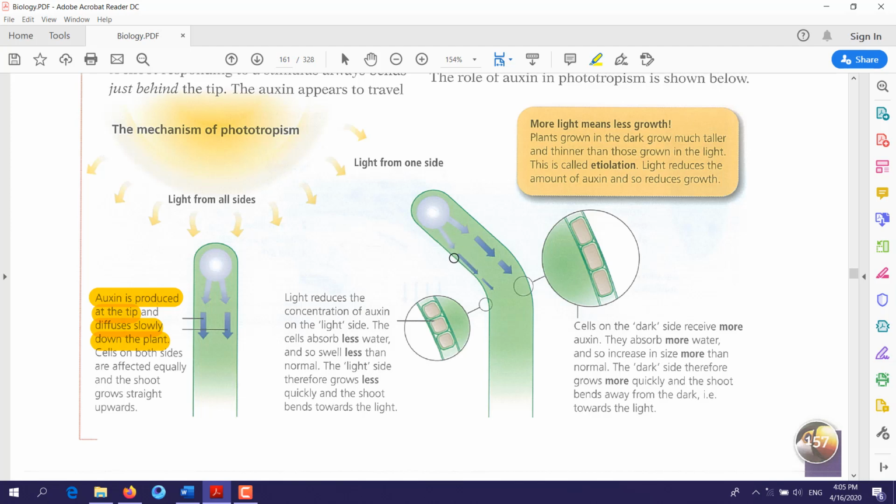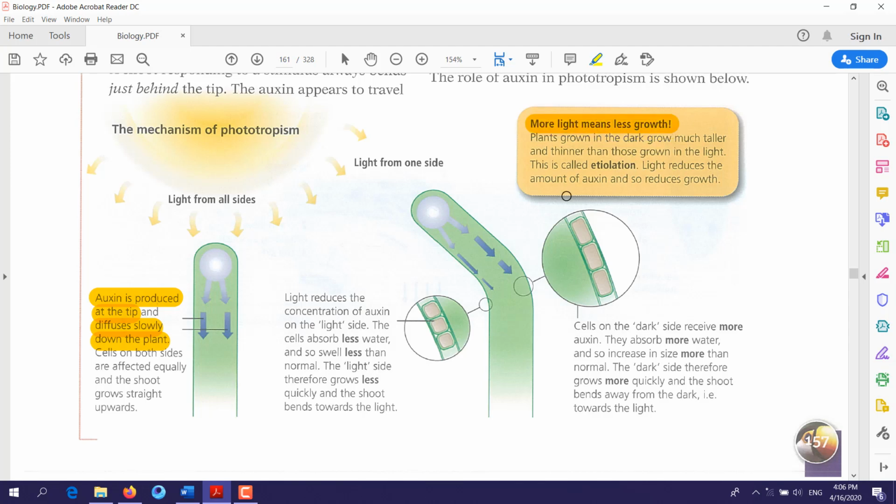When it is less, the amount of water absorbed here will be less. With less water here, the plant will start bending. This is the mechanism of phototropism.